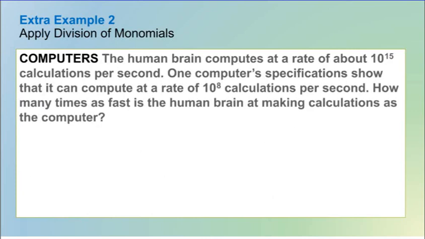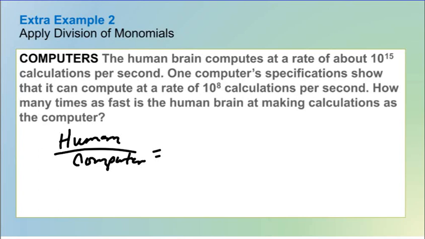Next, a human brain computes at a rate of about 10 to the 15th calculations per second. One computer's specifications show that it can compute at a rate of 10 to the 8th calculations per second. How many times as fast is the human brain? So we're comparing the human's calculations to the computer's.